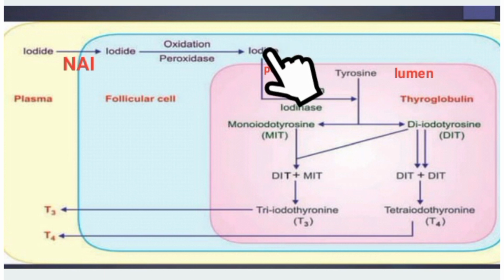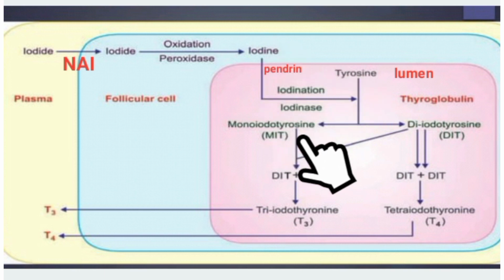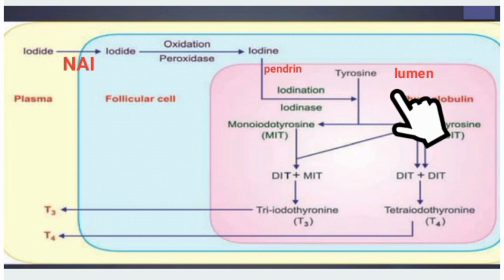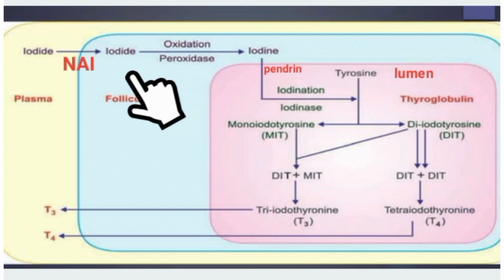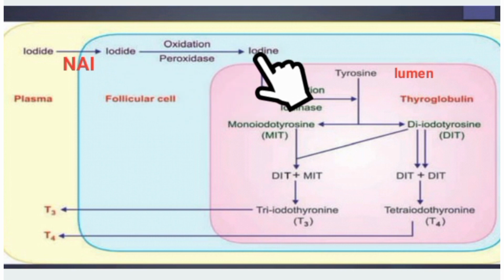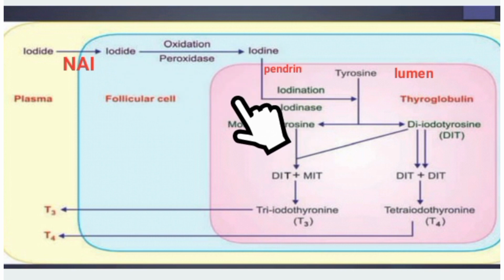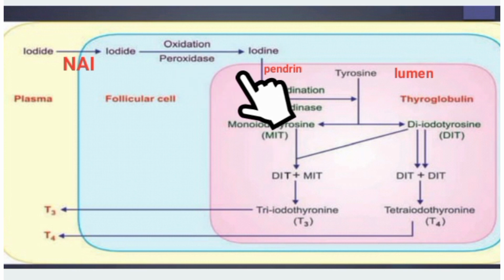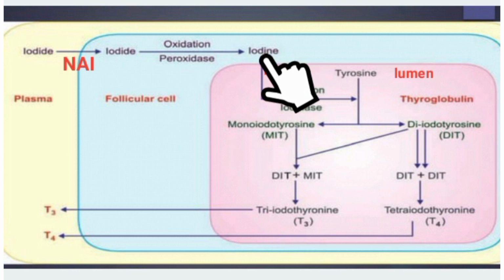And then iodine will be transferred to the lumen. Basically, some sources say that this oxidation process, which is the iodide to iodine conversion, takes place in the lumen of the follicular cell. So we can also shift this here, but for convenience we can write it here.